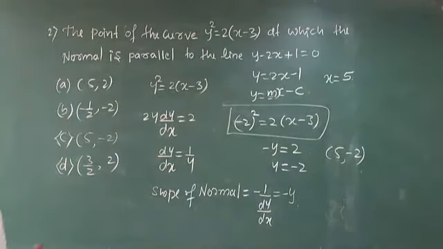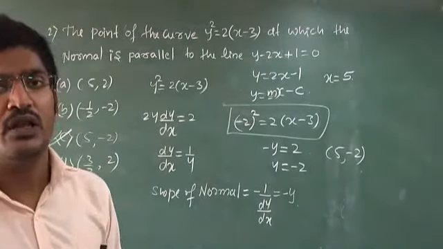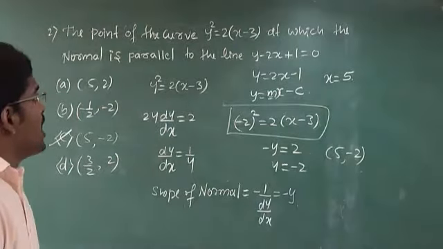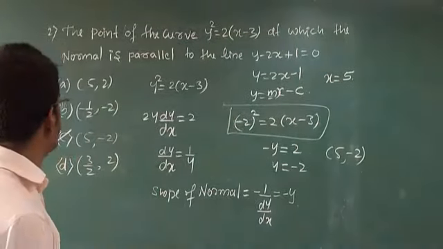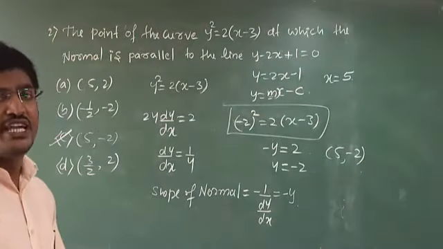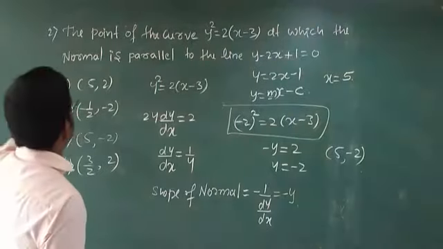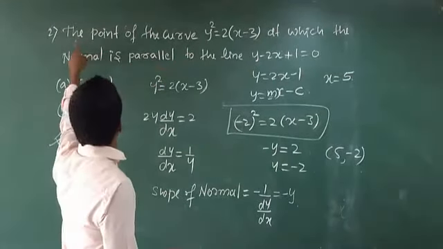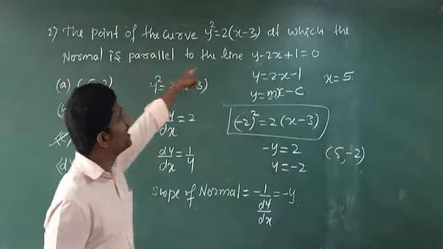So I think you got your solution for this particular problem. Clear? As you all know, this much you have to solve for this particular problem. If you have any doubts, you can see again. I will explain. The point of the curve at which normal is parallel to the line.